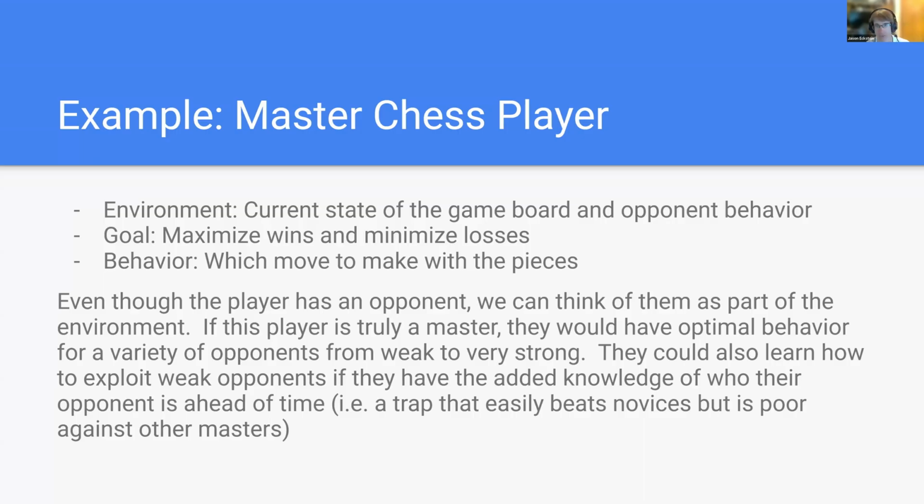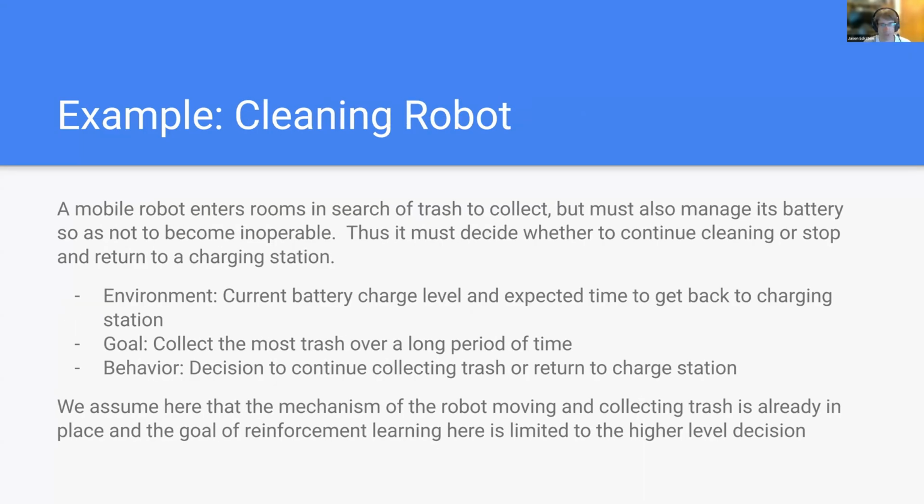So you can frame the problem in different ways: if the opponent is known, or if we know absolutely nothing about our opponent, there's also optimal behavior in that case.